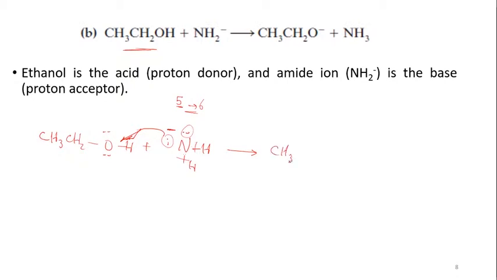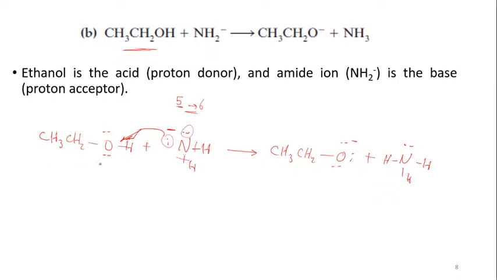So I will have CH3, CH2, and oxygen with 3 non-bonding pairs. If I count 1, 2, 3, 4, 5, 6, 7, this means I have a negative here because I have 7 electrons around my oxygen. And for the nitrogen, I have here 3 hydrogens, and I still have my non-bonding pair, but if I count the formal charge on my nitrogen, it's 5, so I don't write any positive or negative.